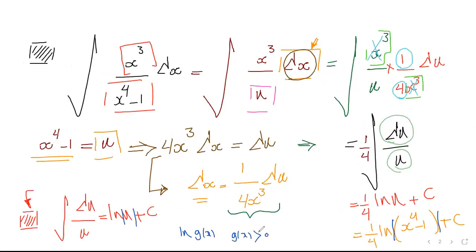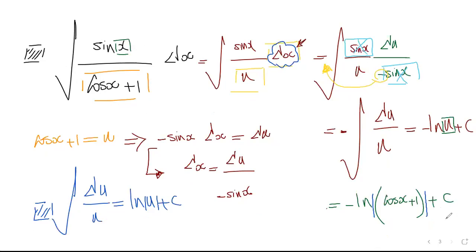These are the fundamental definitions of the logarithm functions from level 4. There, you see that we also got to the same result, the ln of cosine x plus 1, although with the minus before.